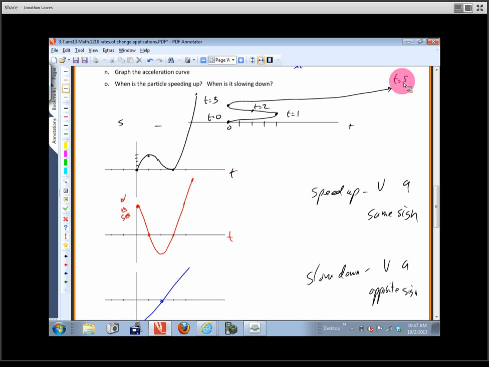Okay? All right, let me add one more thing to this. Acceleration is negative right here. It's pulling it this direction. So it's going to slow down because it's being pulled to the left. And then once it makes that turn, stops for an instant and turns around and heads to the left, it's going to speed up.